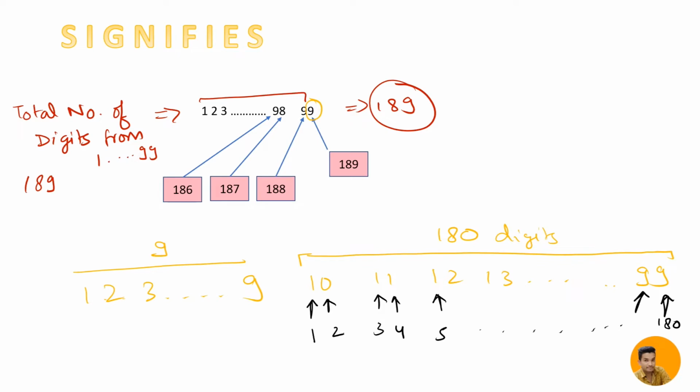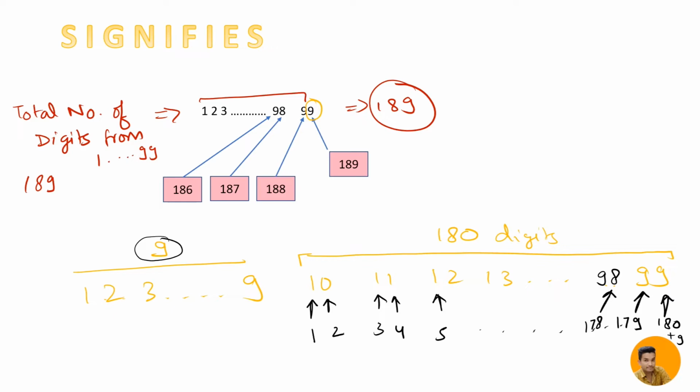Counting back, this would be 179, then 178. But wait a second, I am saying the total number of digits from 1 to 99, so these 9 digits should also be added. If you add them, there would be a shift of 9.